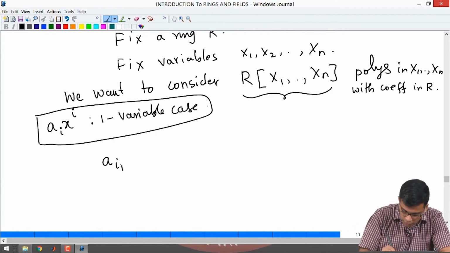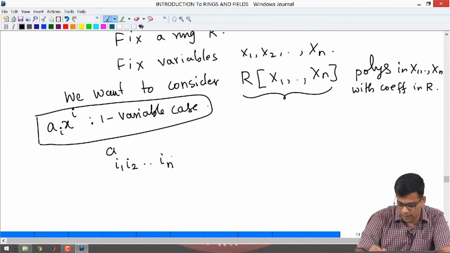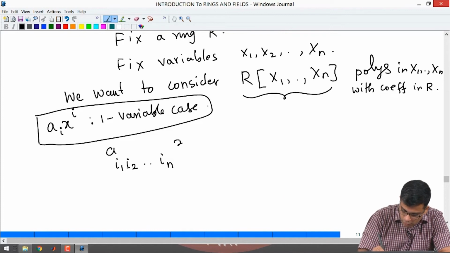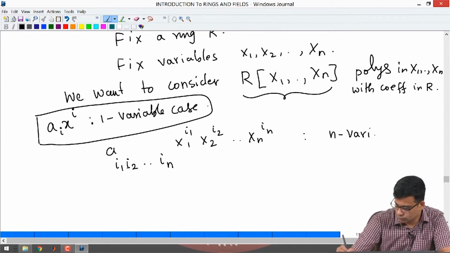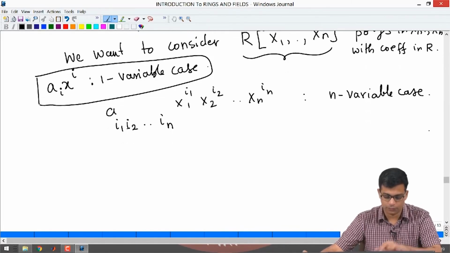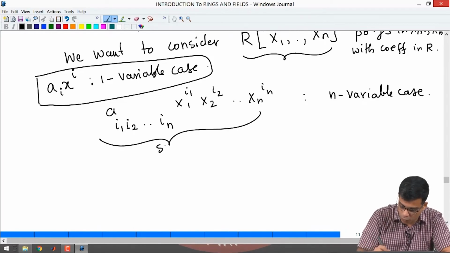So, you will have a subscript I1, I2, In, with these n indices, and the variables will be x1 to the I1, x2 to the I2, xn to the In. So, this is the n variable case. Okay. So, in n variables, these are the monomials. So, this is a single monomial.